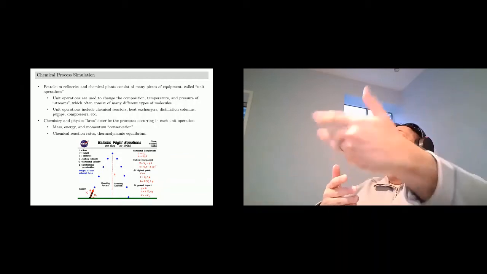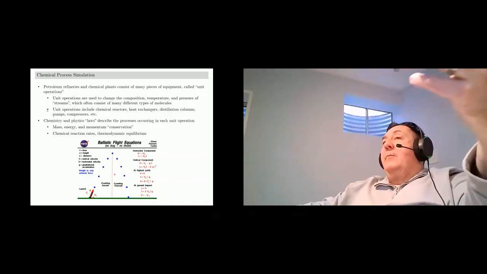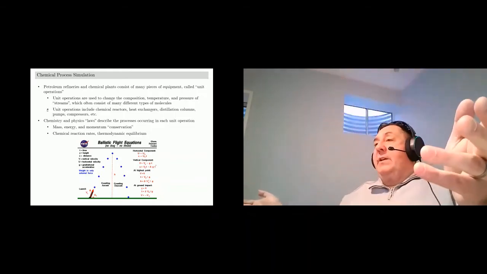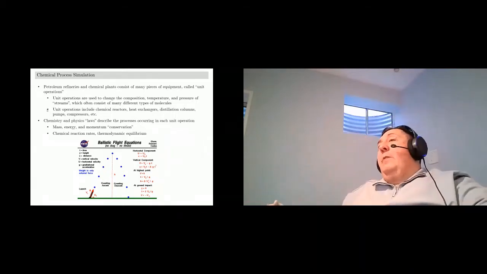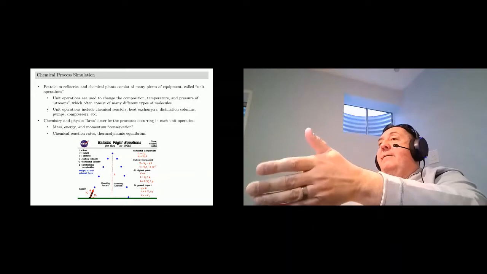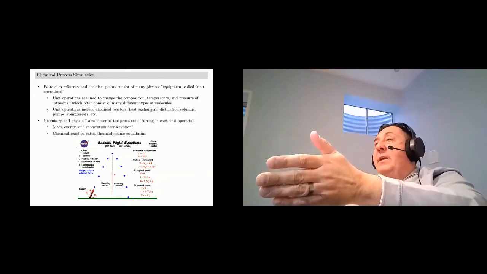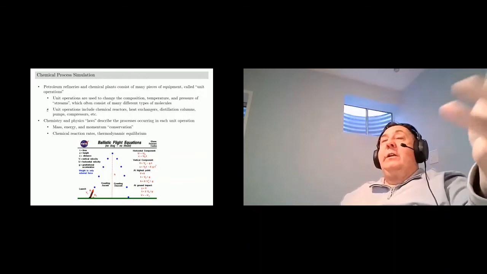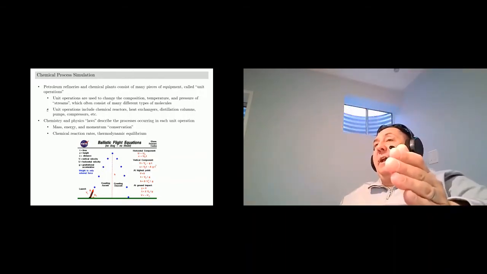Things that apply to a given unit operation could include material, energy, and momentum conservation, right? If I have a chemical reactor, if I'm flowing 10 pounds per second of feed into it, 10 pounds per second has to come out of that reactor, because unless we're having nuclear reactions occur, the amount of mass going in has to equal the mass coming out.